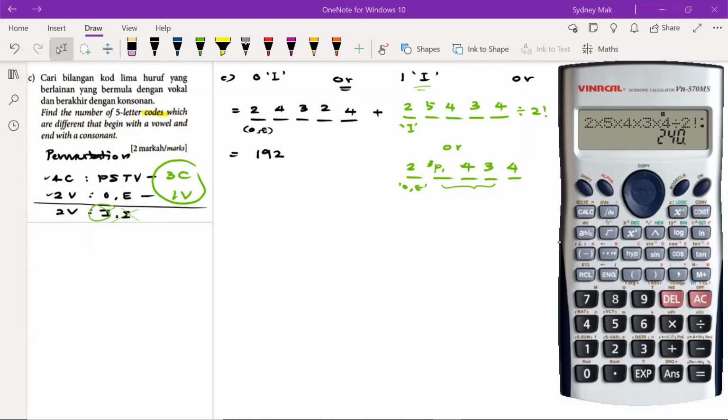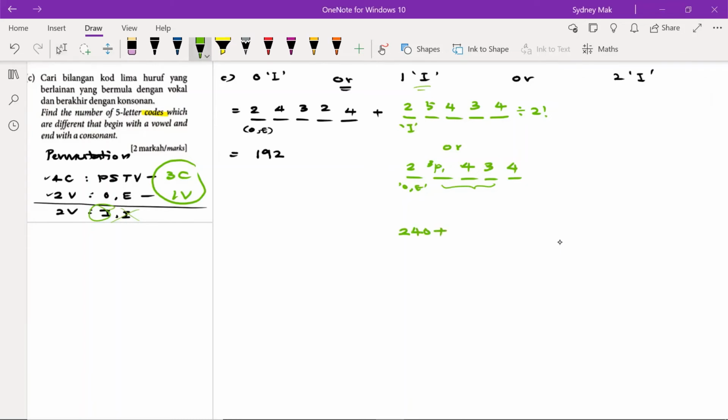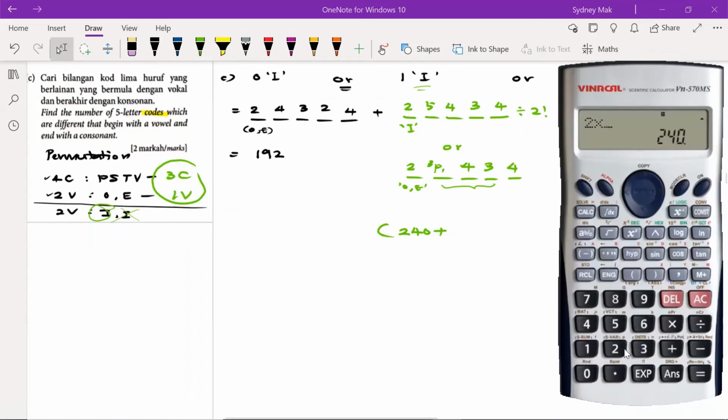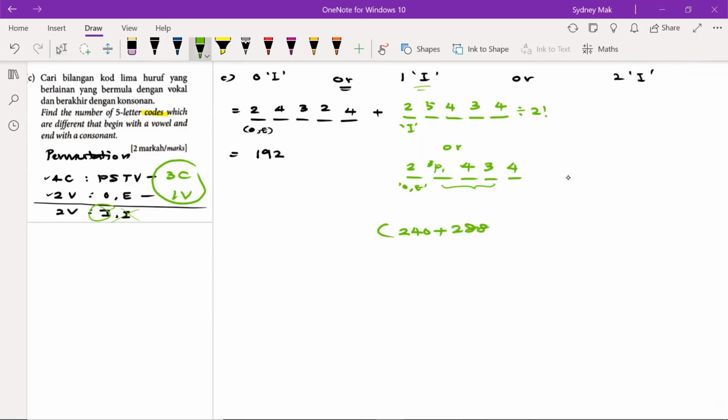So we have 240 ways plus 2 times 3P1, and then times 4 times 3 times 4. 288 ways. So let's just put this 192 plus this.